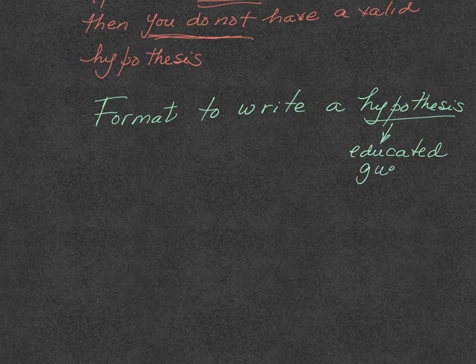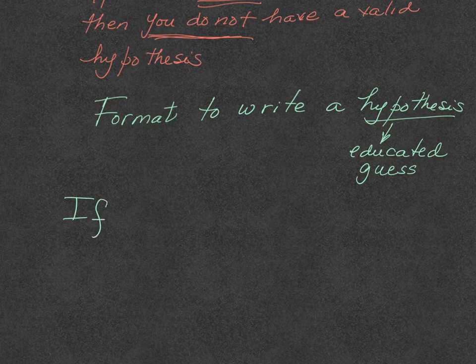So the format to write a hypothesis, you're going to start always with "if," because a hypothesis is a conditional clause. You're testing that. You cannot say that you have a statement in there because you don't know.